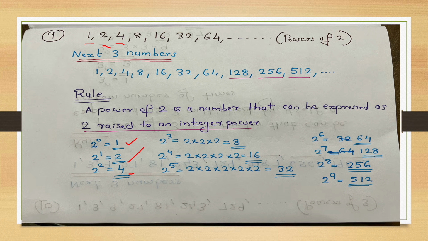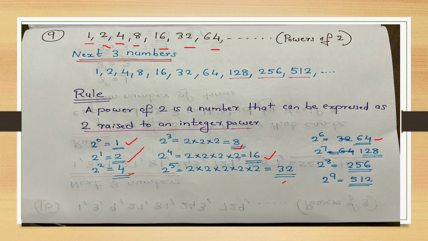2 raised to 3, 8. Then 2 raised to 4, 16. Then 2 raised to 5, 32. Then 2 raised to 6, 64. Then next 3 numbers.